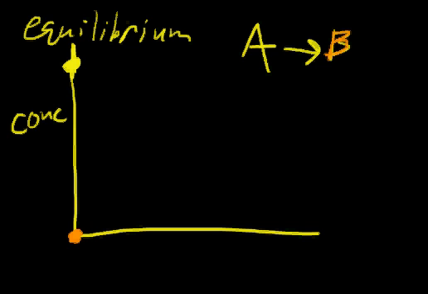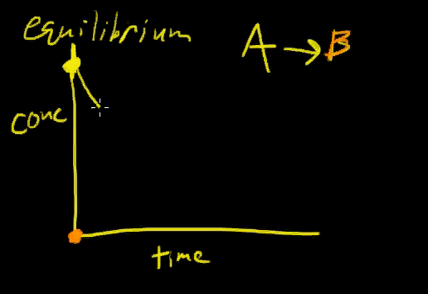And on the x-axis, and I forgot to label the x-axis, we have time. So initially, at time equals 0, we have no substance B product, and we have some substance A. Now, let's just pay attention to substance A. As time goes along, the amount of substance A is going to start decreasing. It's going to be reacting.